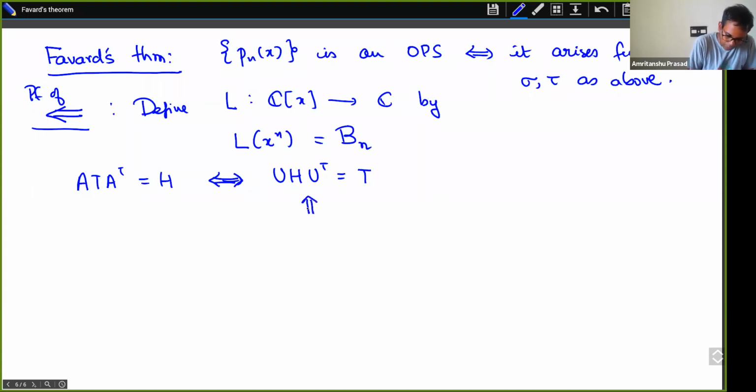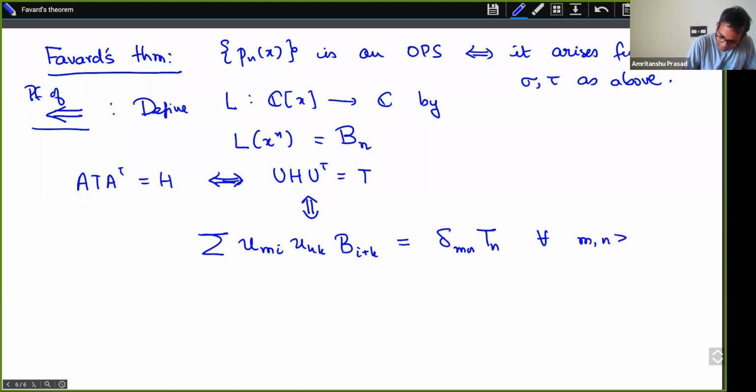This is equivalent to saying that the summation of U_mi U_nk, now this is no longer a diagonal matrix, so we will have b_(i+k), is equal to delta_mn times t_n for all m, n greater than or equal to 0. This is a sum over k greater than or equal to 0, i greater than or equal to 0, right?